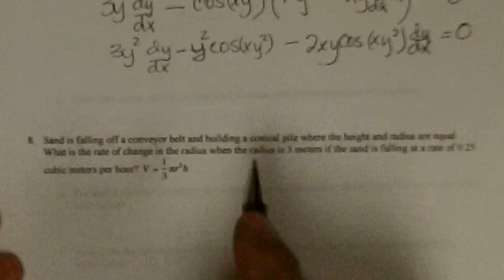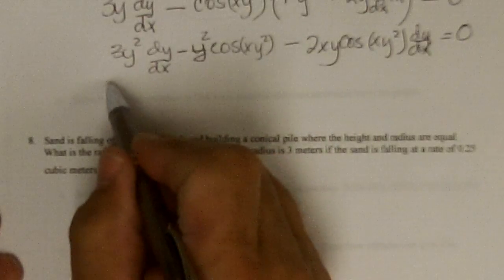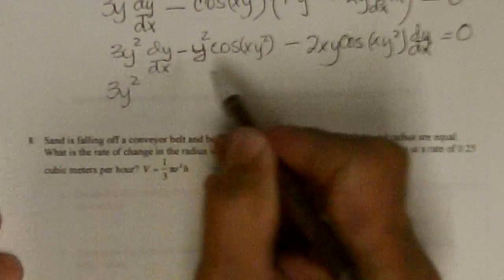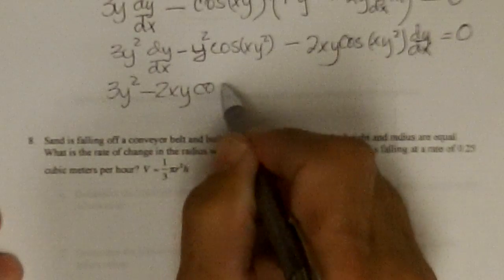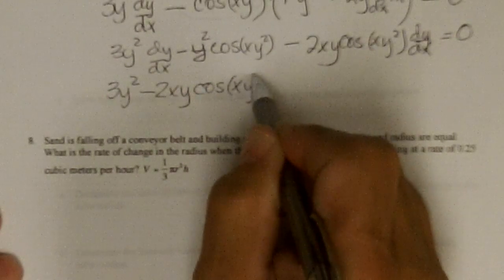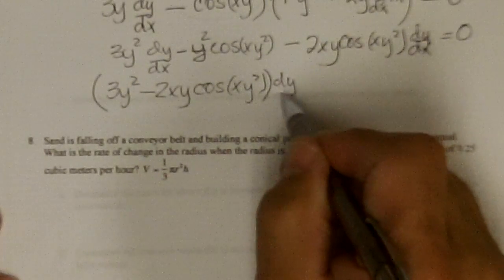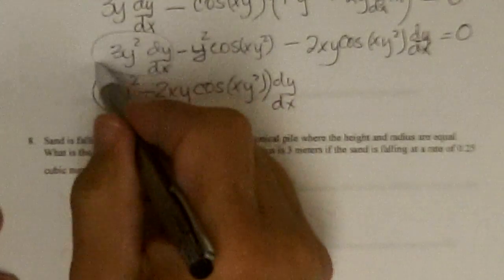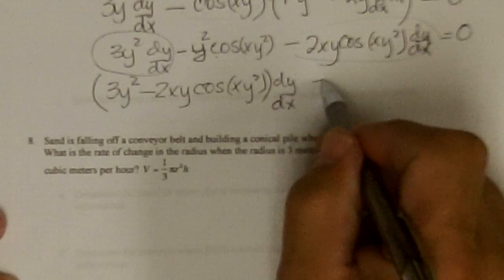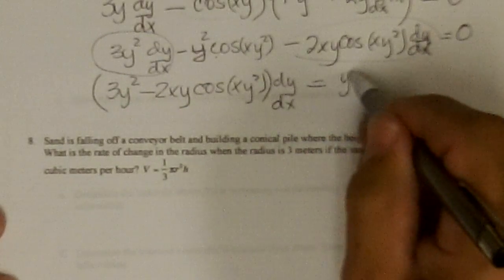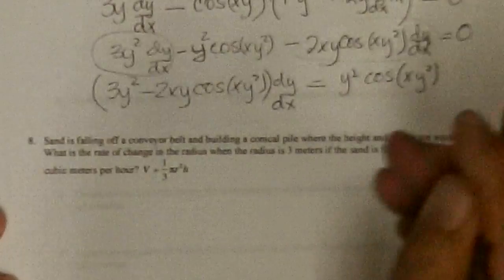So now we'll take and add this to the other side and factor dy dx out. So we'll have 3y squared minus 2xy cosine of xy squared. All of that is times dy dx. That's this term and this term. And I'll put this on the other side, which is going to be plus now y squared cosine of xy squared.